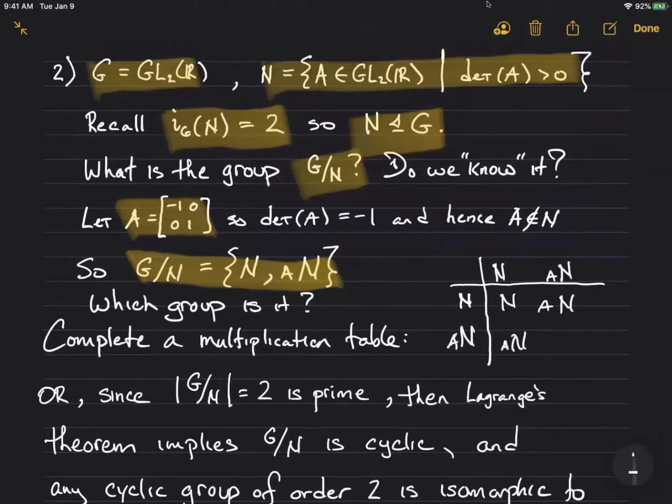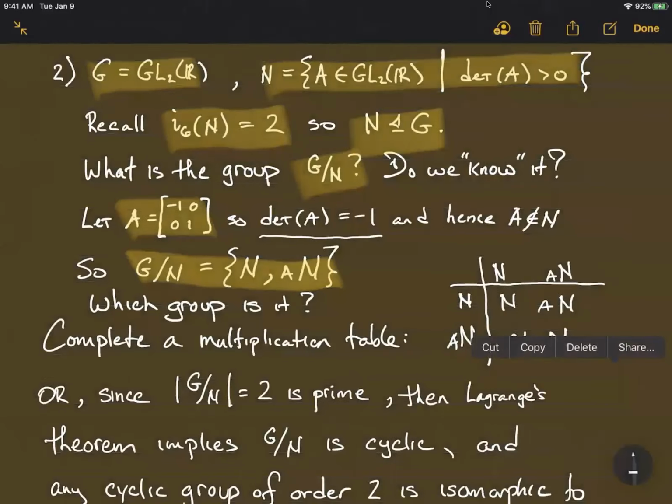Well, that's the coset containing A squared. I don't really need to know what A squared is, because the determinant of A squared is going to be -1 squared. That's 1. So the coset that contains it is this thing. So there's the group table. It looks familiar.